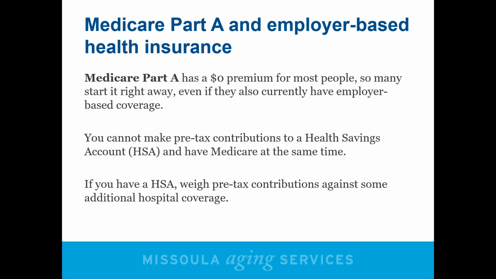So if you've been continuing to contribute to your HSA, or you've kept your ACA insurance for that extra 2 months, you could get dinged for the months that Part A and those types of insurance policies overlap. So you really want to be careful with that.